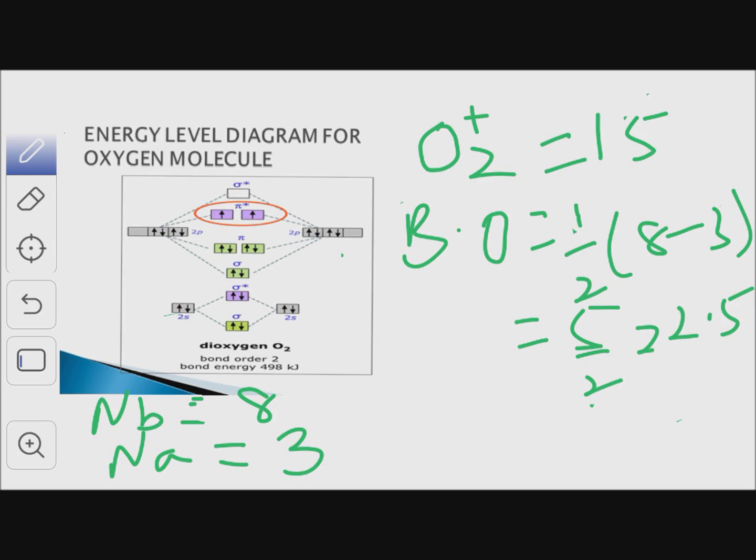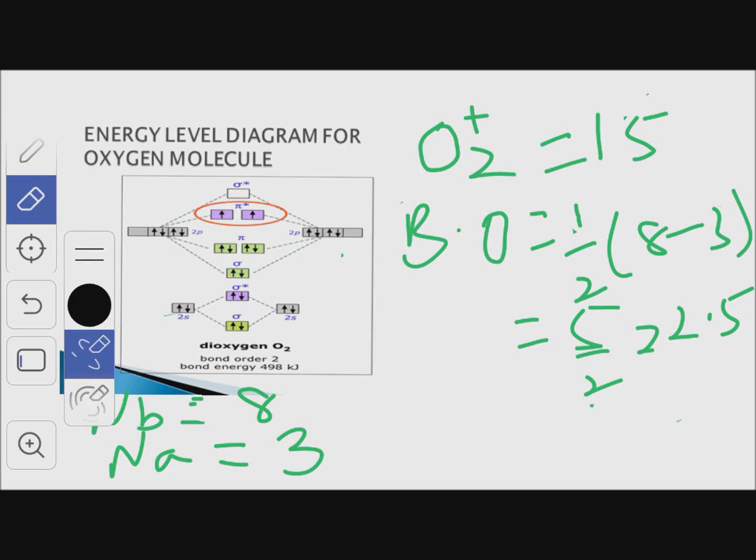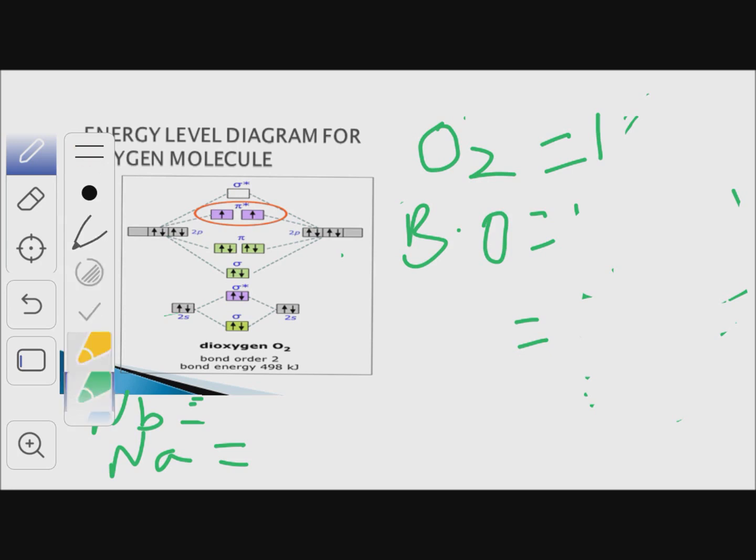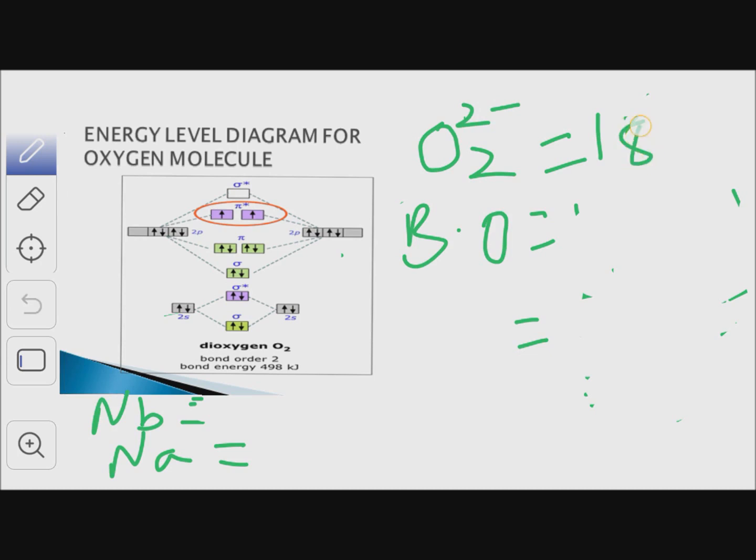Next is O2 2 negative. If we take the O2 2 negative molecule, it means 2 electrons more than the O2 molecule, and the number of electrons in O2 2 negative is 18.